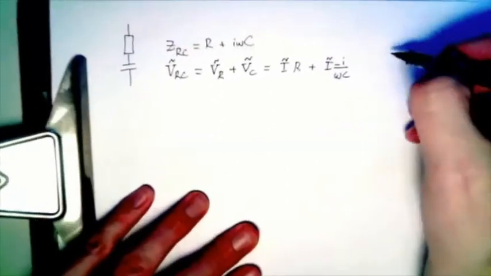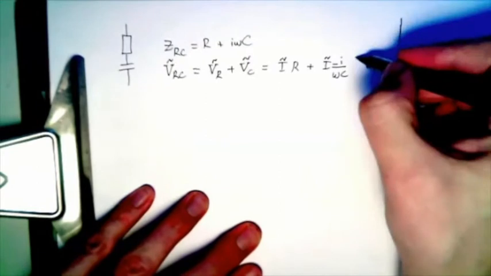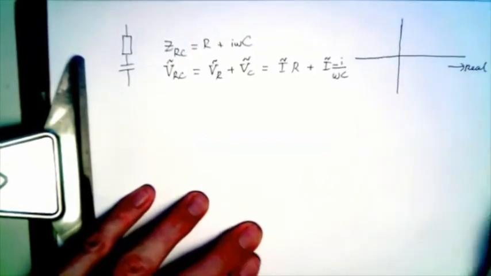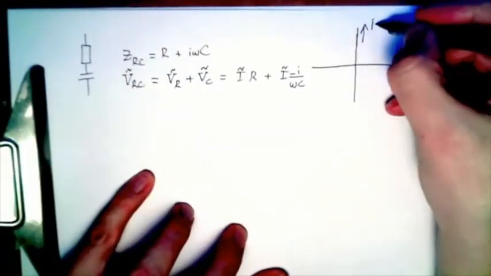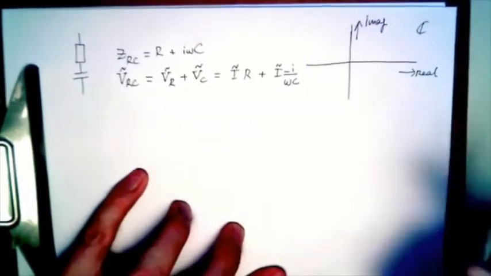So therefore, we can draw this, because it's a complex quantity. We can say this is the real axis, and this is the imaginary axis, and this is the complex plane.